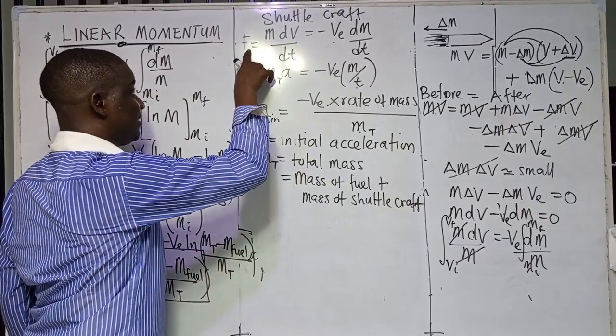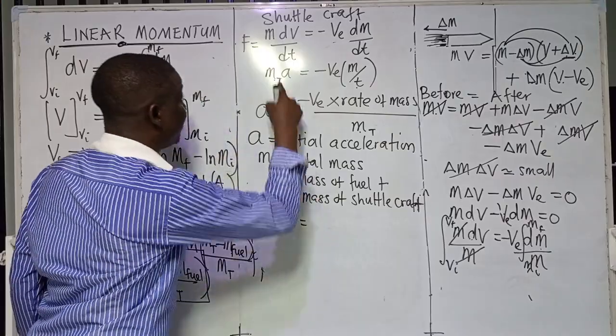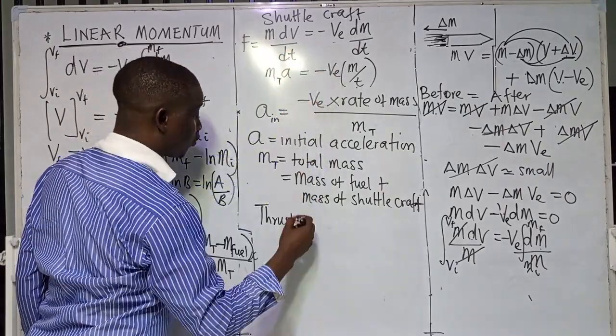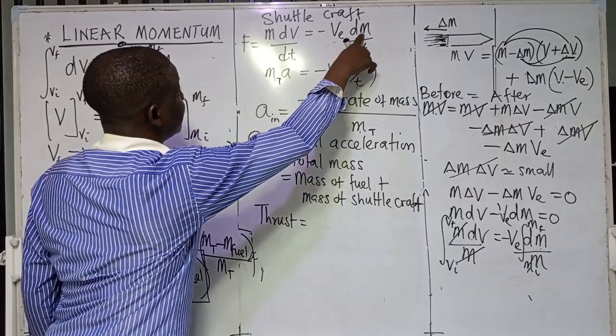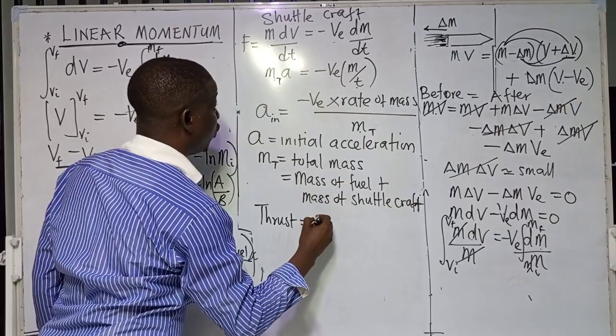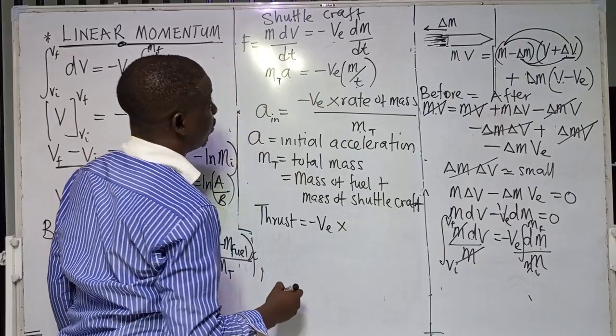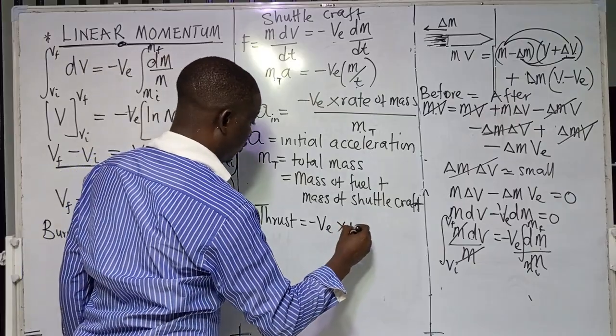Don't forget I told you F is thrust. So thrust is everything here now. It is equal to MA, which is equal to exhaust velocity times rate of mass.